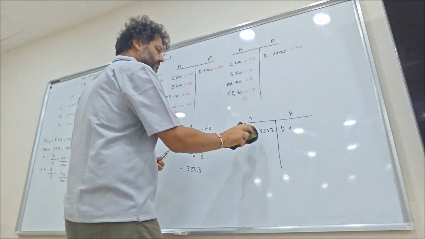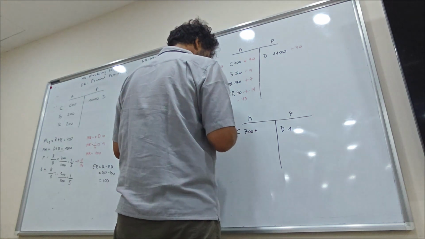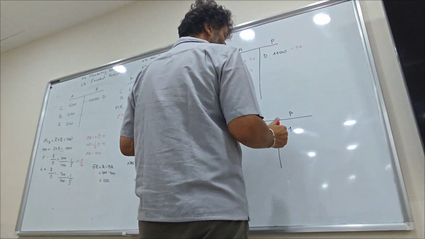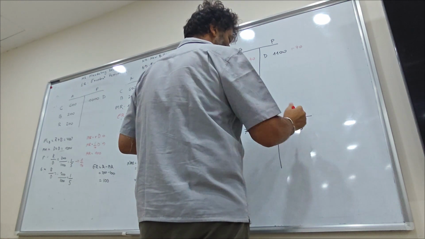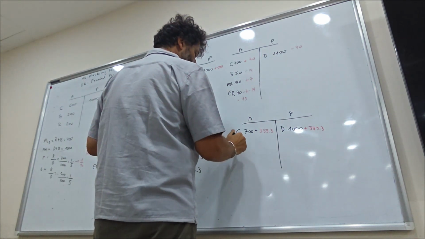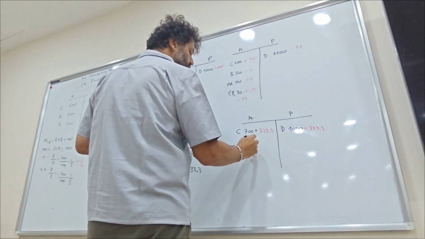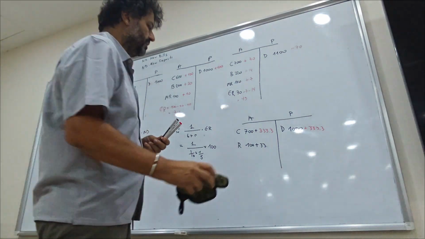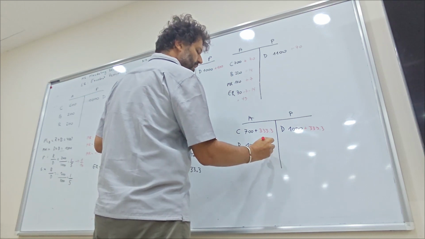Let's put it in red. The reserves have become 100 plus 13.3, I'll put it in red, plus 33.3.